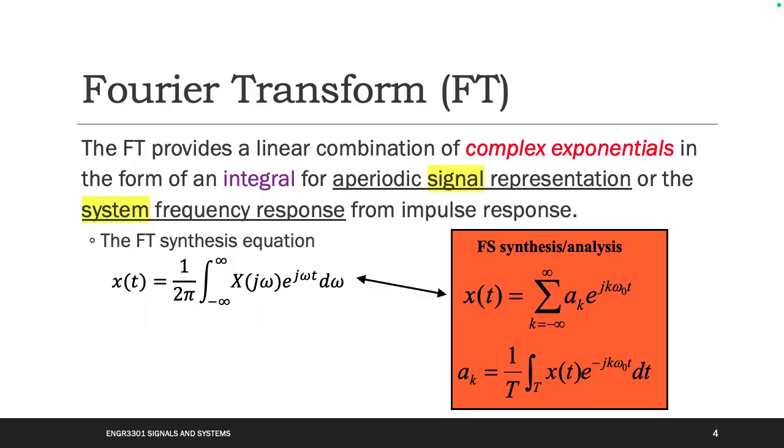But for the non-periodic signal, what does that mean? Which means that you try to find all the frequencies. For the non-periodic signal, it's unlimited frequency. You are not sure which one is involved in this signal, am I right?